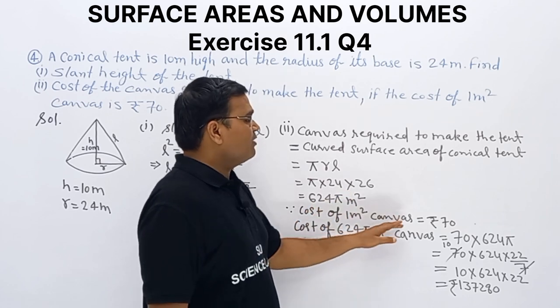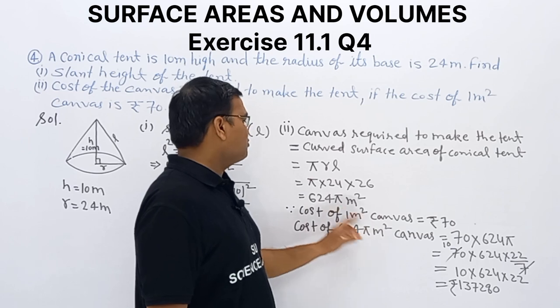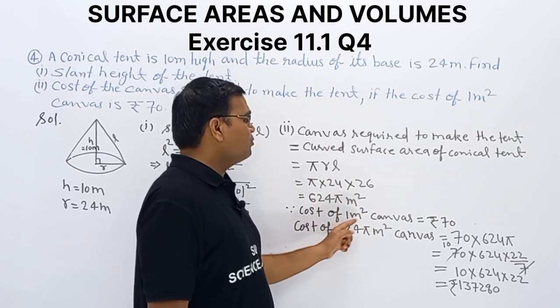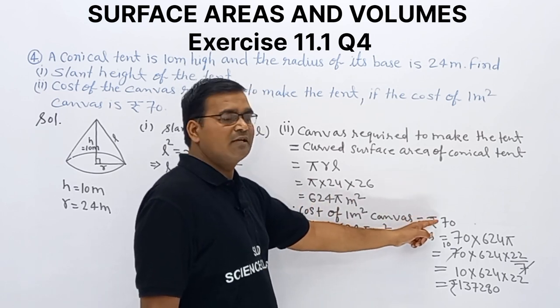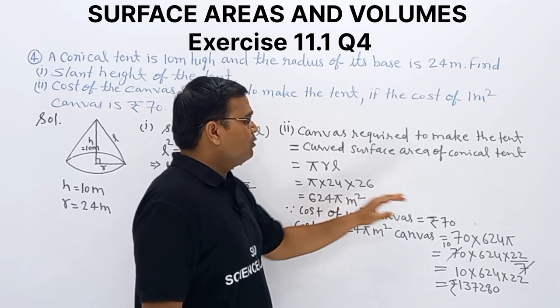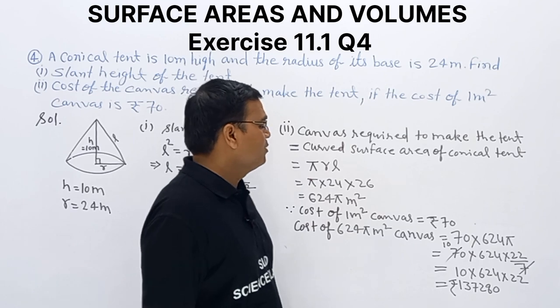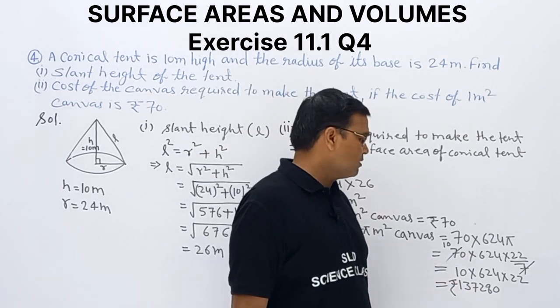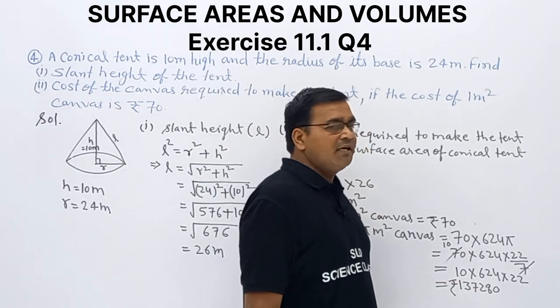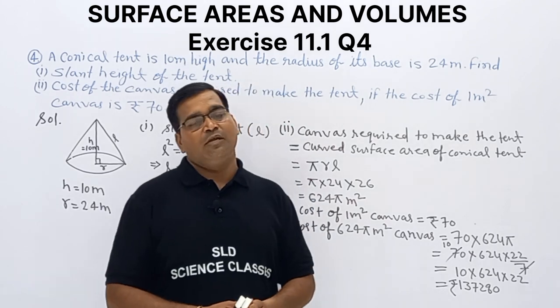The cost of 1 meter square canvas is rupees 70, so we multiply the total area by 70. Solving, we get 1,37,280 rupees as the cost of the canvas required for this conical tent.